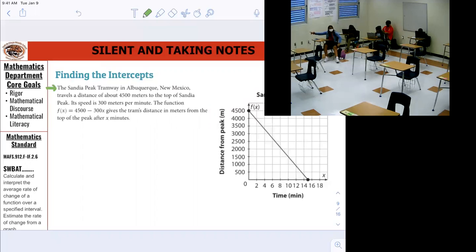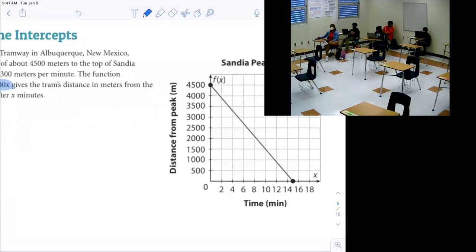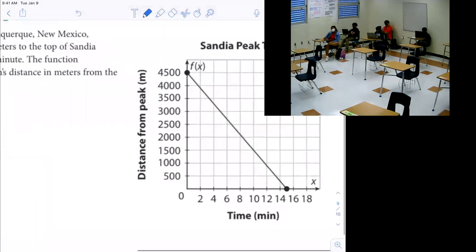Perfect. We have a couple of points of information. They give us the equation of this function, and they tell us what's going on. Let's take a look at the graph first. Looking at the graph, can anyone identify what the y-intercept is?